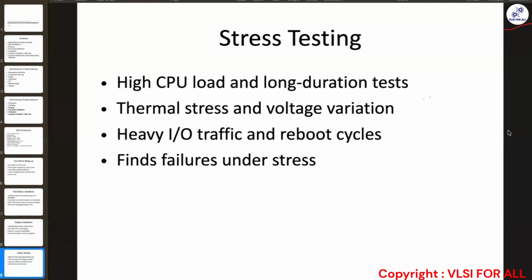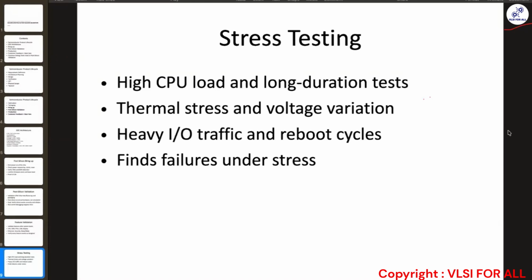You may have multiple racks of systems running a particular stack. Stack as in software, firmware, drivers; consider a work week where this particular stack is released. You try to flash those firmwares and software on your motherboard and run these cycles for longer hours, maybe 1 day, 2 days, however many cycles you run.